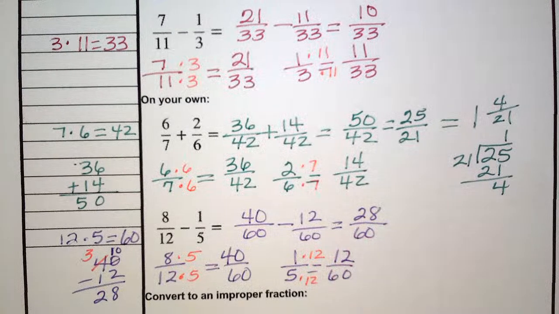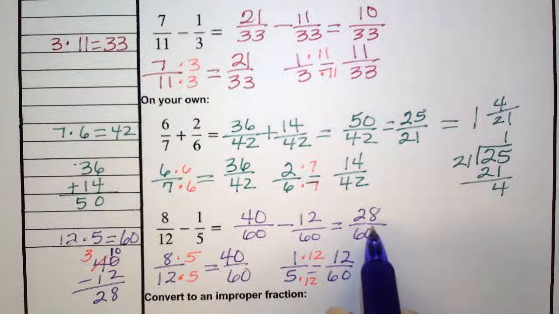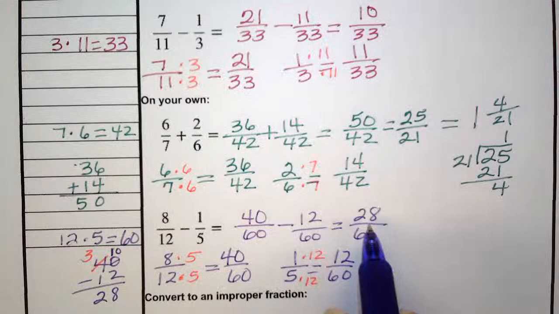Now the question becomes, what is the greatest common factor I can factor out? Okay, the factors of 28 are 1, 2 times 14, and 4 times 7.